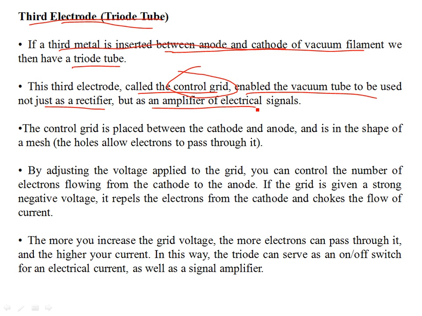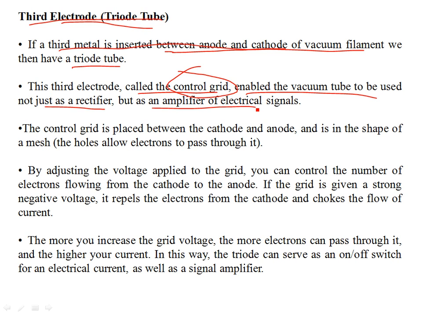It is just like a BJT, where the BJT is a current amplifier. You apply the current at the base, and the output collector current or the emitter current is beta times IB. So the BJT is a current control device. Similarly, your junction field effect transistor is a voltage control device.